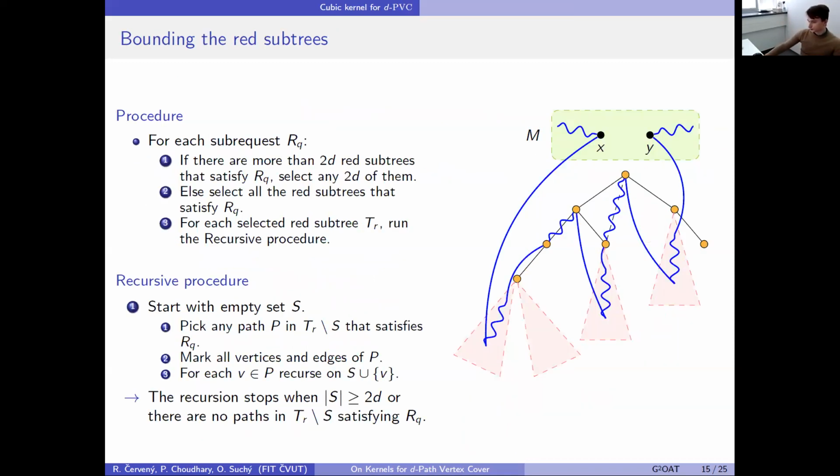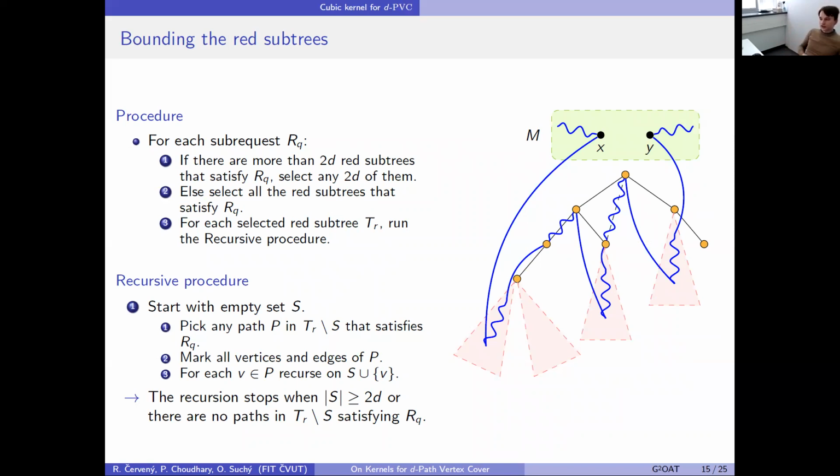So now, how the marking procedure works with the subrequests. We pick a subrequest, and for this subrequest, we count the number of red subtrees that satisfy it. If there are more than 2d such subtrees, then that means that the path of the subrequest can be rerouted through these 2d red subtrees.